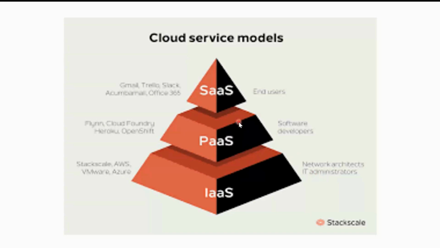Platform as a service is majorly for software developers, wherein, as I said, the developers can do their code aspect, and everything is managed by the cloud vendor itself. And software as a service is majorly for the end users, because everything is managed by the cloud. We just have to use the application or the software.